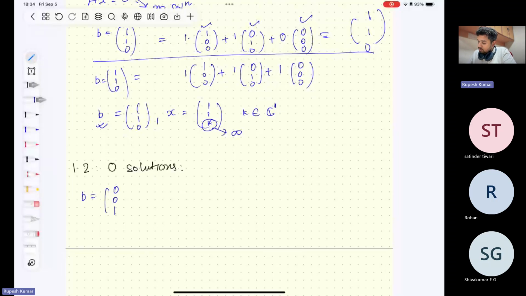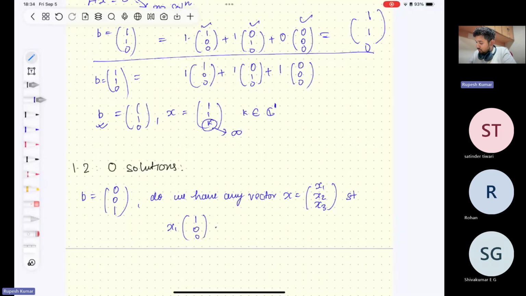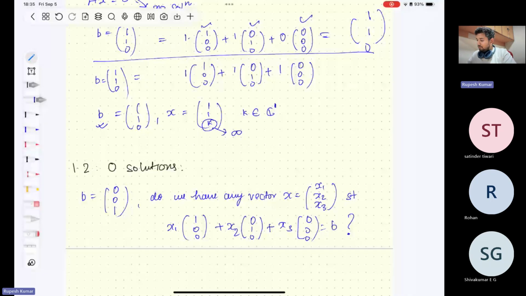Do we have any vector X equals x1, x2, x3 such that x1 into 1 0 0 plus x2 into 0 1 0 plus x3 into 0 0 0 is equal to b? The question is: can we get to any vector? And you can all see that we can't get there, so no. We have zero solutions for this.